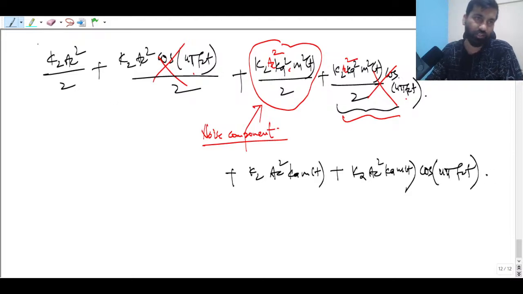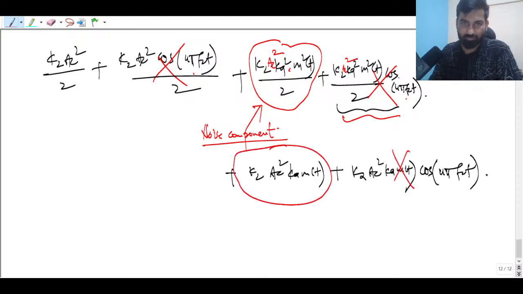So again you can reject this guy, ये नहीं पास होगा. So this is your message component, okay, you can say signal component.